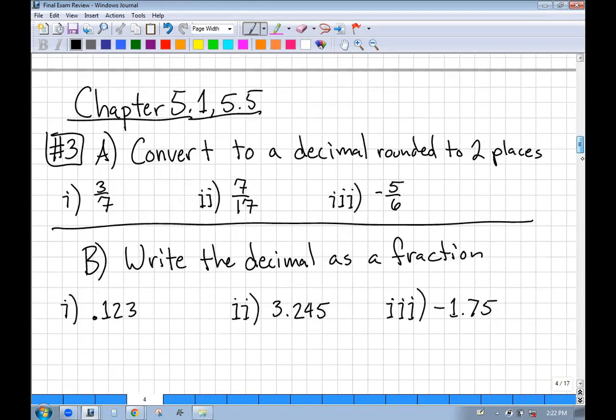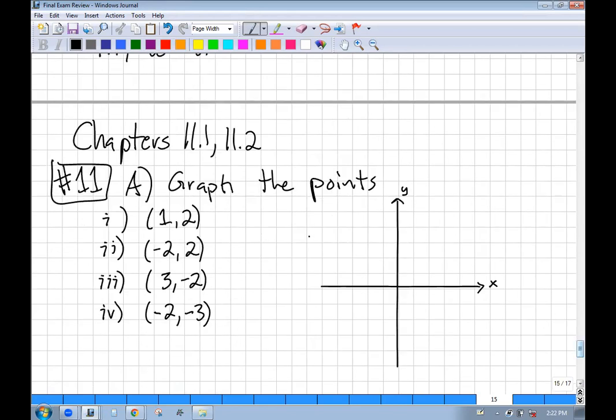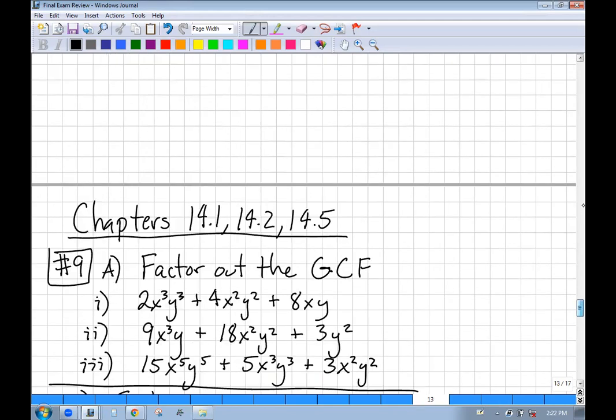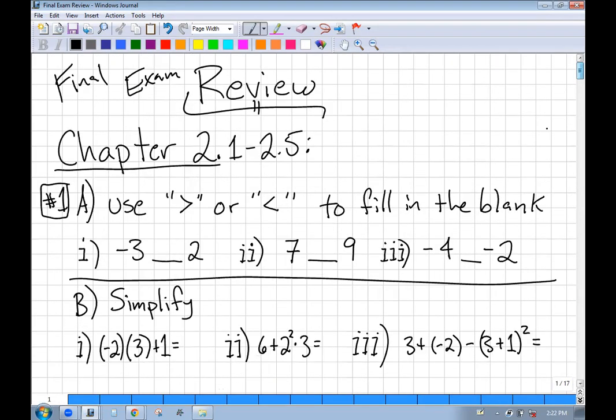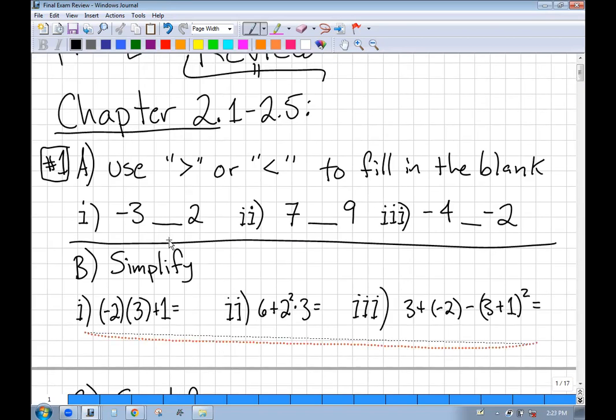You'll have number 3. Basically, you're going to have 11 problems on your final, and each one's worth 10 points. So you can get up to 110 on the final. So it's kind of like having an extra credit problem, but I'm not designating any one to be the extra credit one. You can just get an extra 10 points.